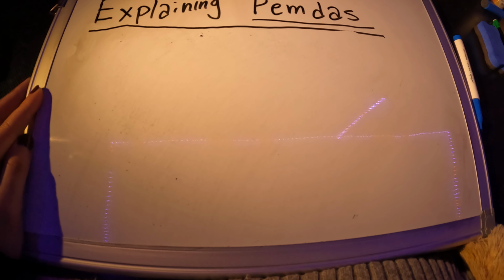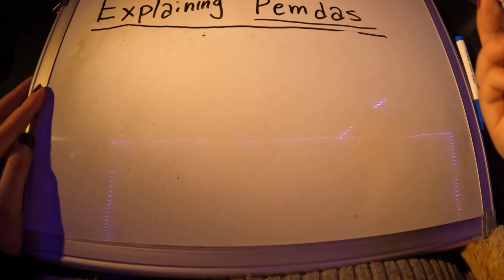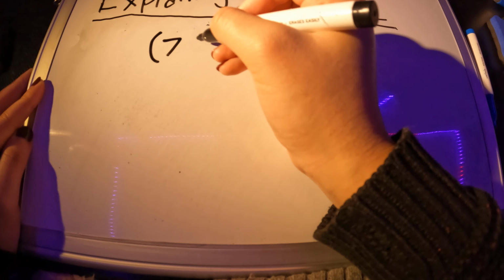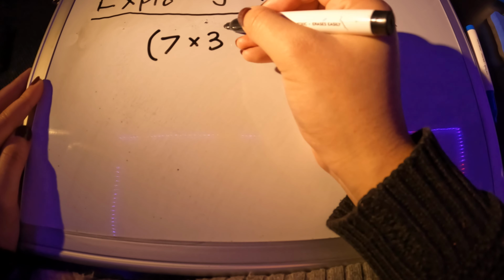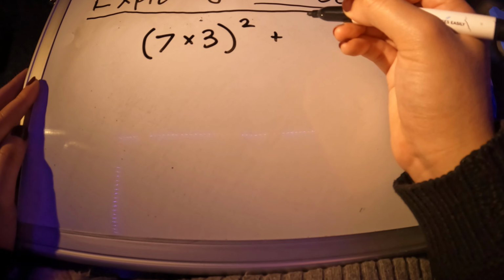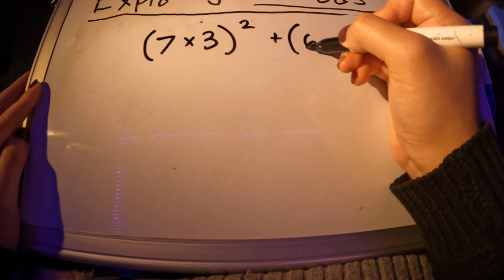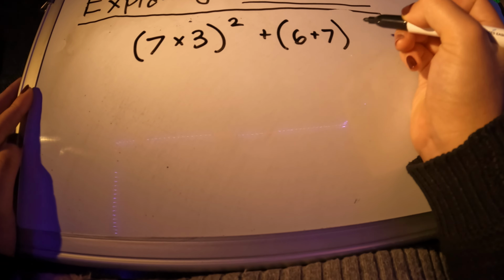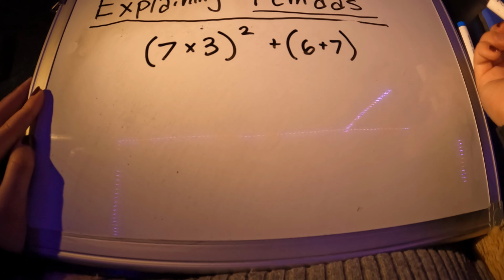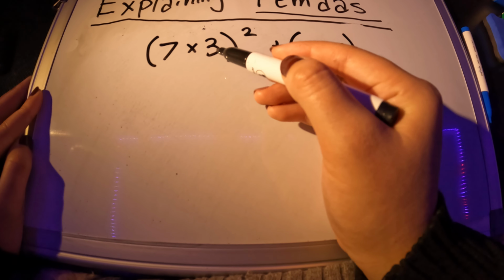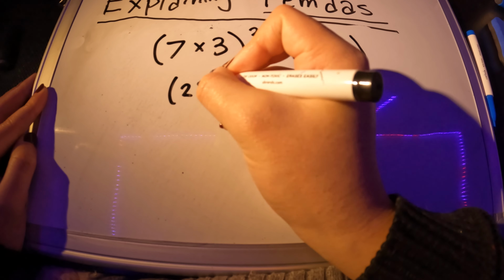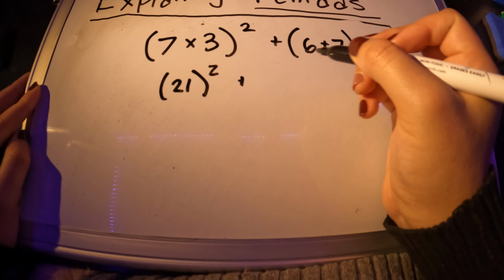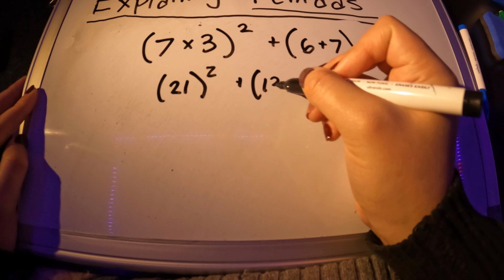Now, if you had a situation with two sets of parentheses, it would be the same thing, really. If you had 7 times 3 squared plus 6 plus 7, you would do parentheses first. So you would do the 7 times 3, which is 21 squared, plus 6 plus 7, which is 13.